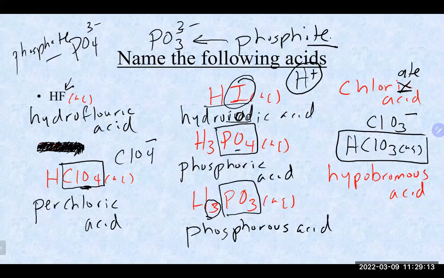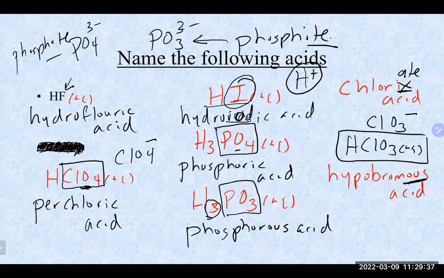This is hypobromous acid. It does not contain hydro, even though it says hypo. This is not hydro. So no hydro means, again, it contains oxygen, which means it contains a polyatomic ion. It ends in ous, which means my polyatomic ion would end in ite.